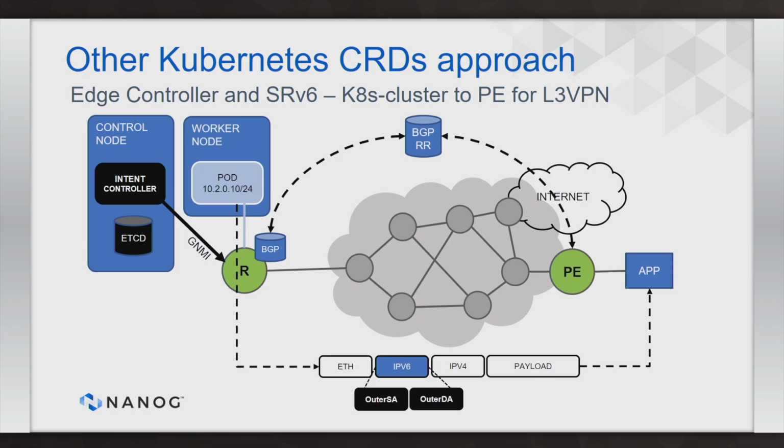Another approach is I can use GNMIC to start doing changes directly on the router, and then I can use the Kubernetes APIs and the CRDs, and I don't need to rely on Cilium, and I don't need to specify anything on the cluster. I can use the Kubernetes APIs to set up all my egress routers for segment routing.